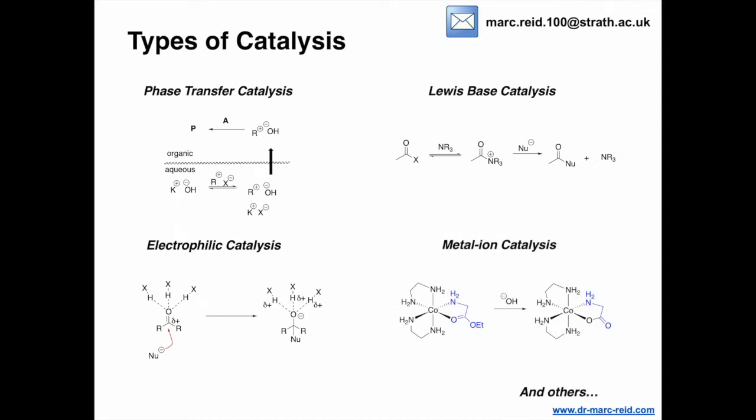As a final example, metal ion catalysis deals with binding of substrates to typically transition metal complexes. This enables conformational restraint of the substrate. It can also alter the electrophilicity of that substrate. This type of catalysis is most commonly linked with organometallic catalysis. There are many other examples of catalysis, and we've shown only 4 classes here.